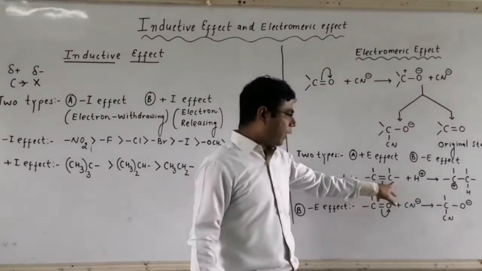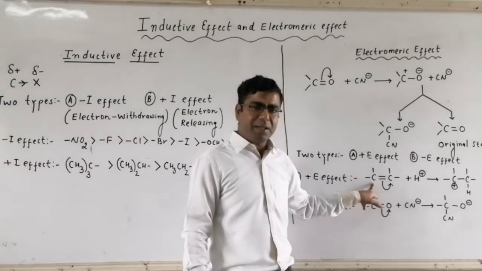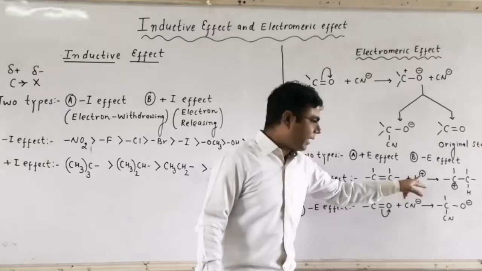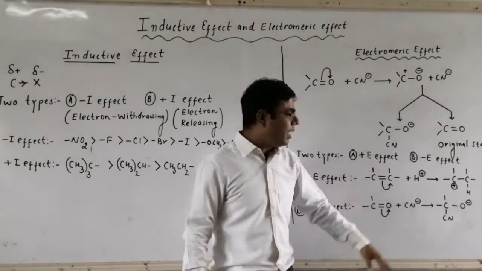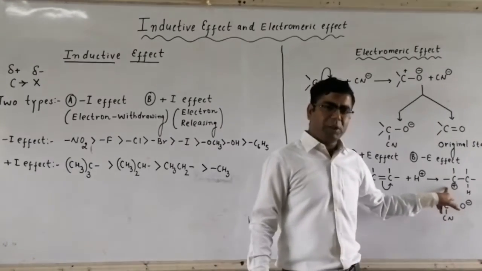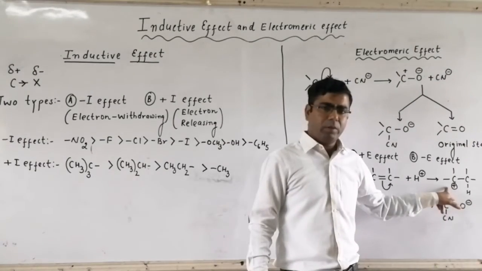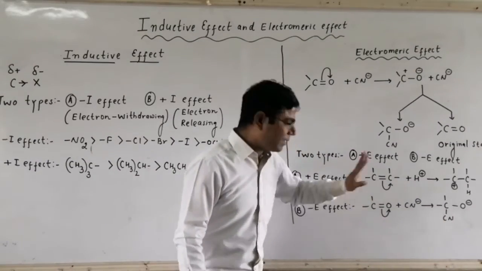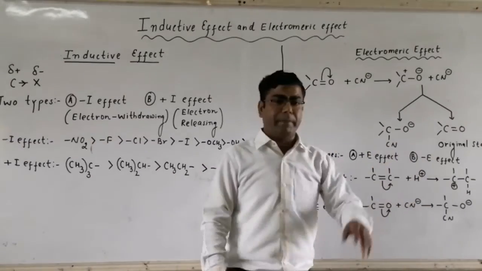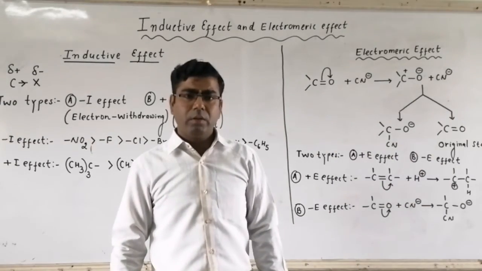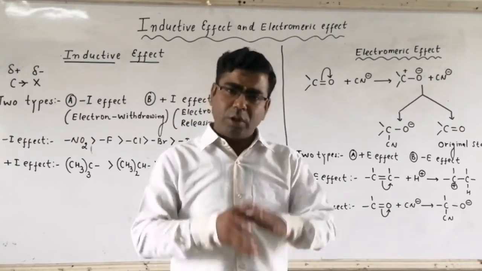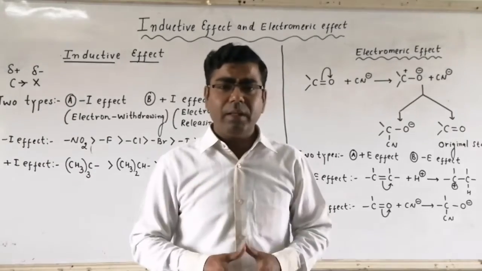As a result, it will acquire minus charge and the other will acquire plus charge. So H plus ion will attack over the negatively charged carbon atom, as a result of which this species will be formed. So pi electrons are transferred towards this carbon, and the attacking reagent is also attacking on the same carbon.